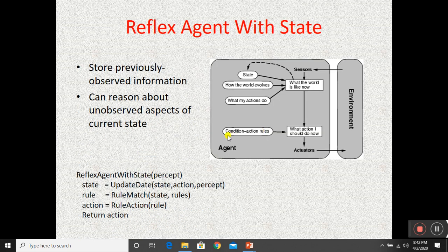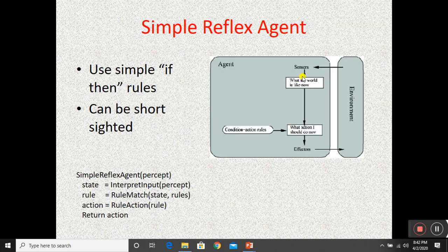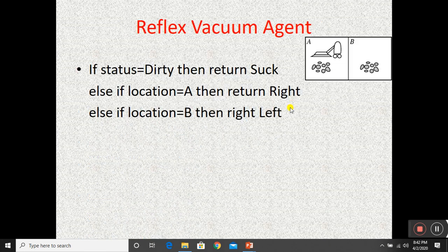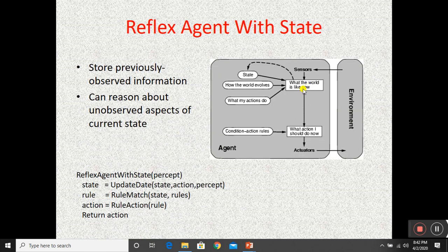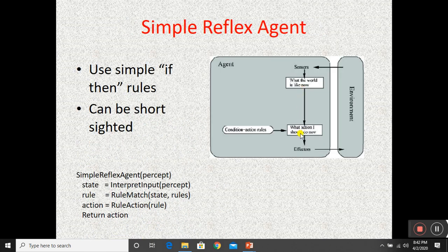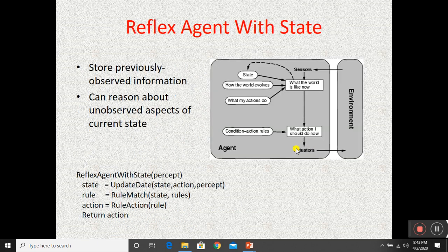Here you can see condition and action rule. This has a sensor, and this also has a sensor. The simple reflex agent has effectors, and this agent also has effectors. So the one thing that is extra in the reflex agent with state are these three.